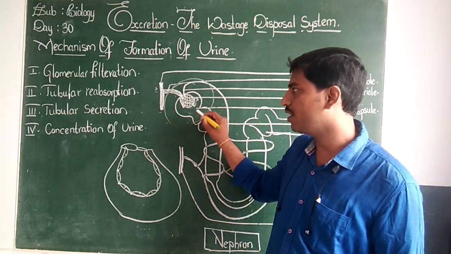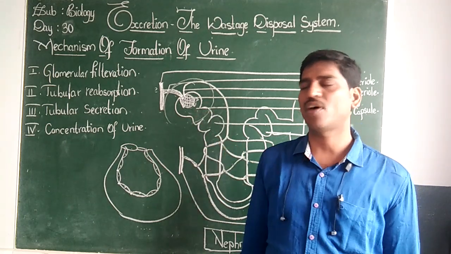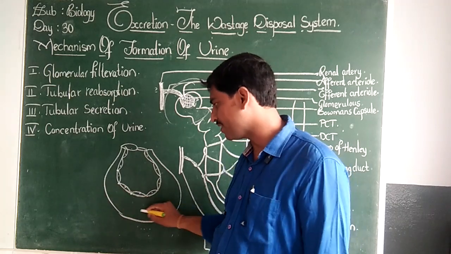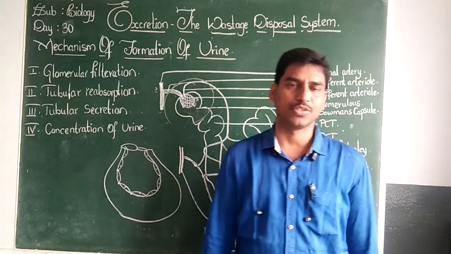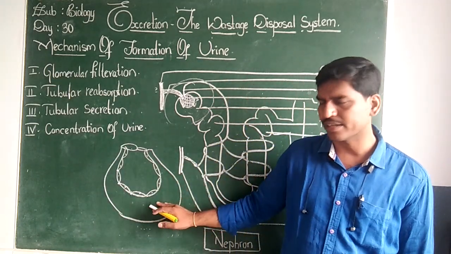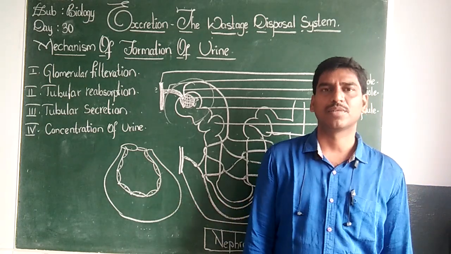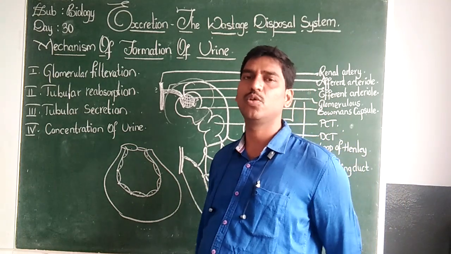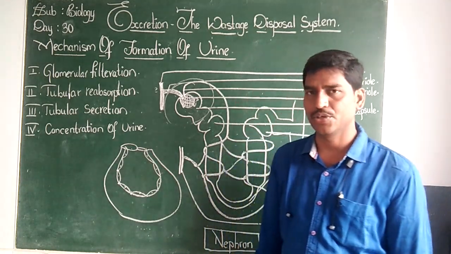Now the filtrate that is formed starts escaping through the pores and entering the Bowman's capsule. The filtrate that is formed is called primary urine. What do we call it? Primary urine.